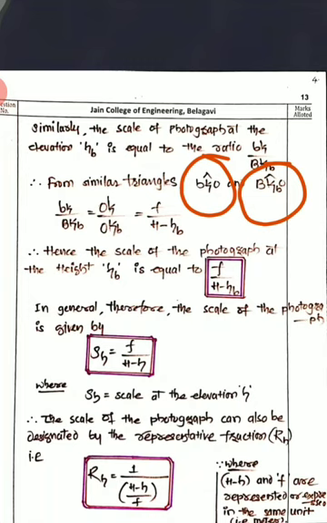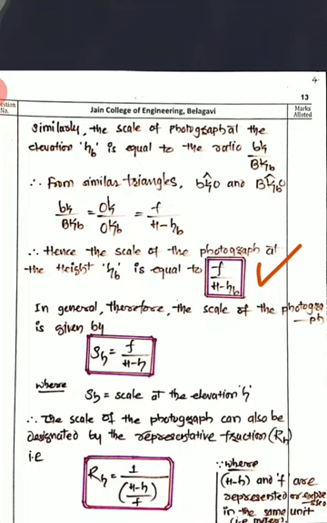So you will be getting bk divided by BkB, Ok divided by OkB, that is nothing but f divided by H minus HB. And hence the scale of a vertical photograph at a height HB is f divided by H minus HB. In general, you can write the scale of vertical photograph as SH, that means scale at an elevation h, that equals f divided by capital H minus small h.